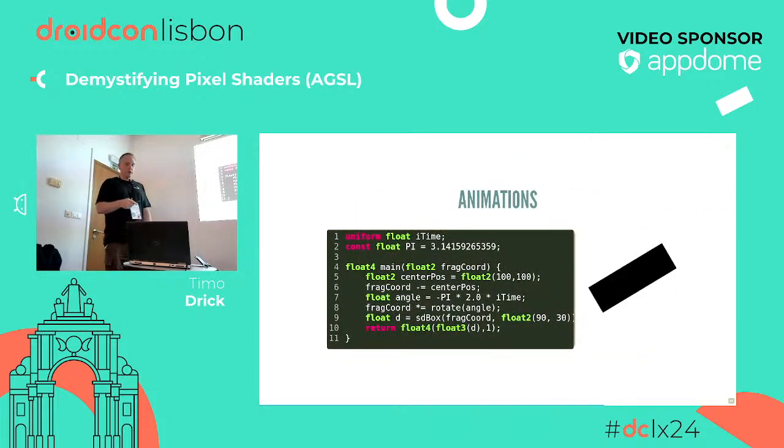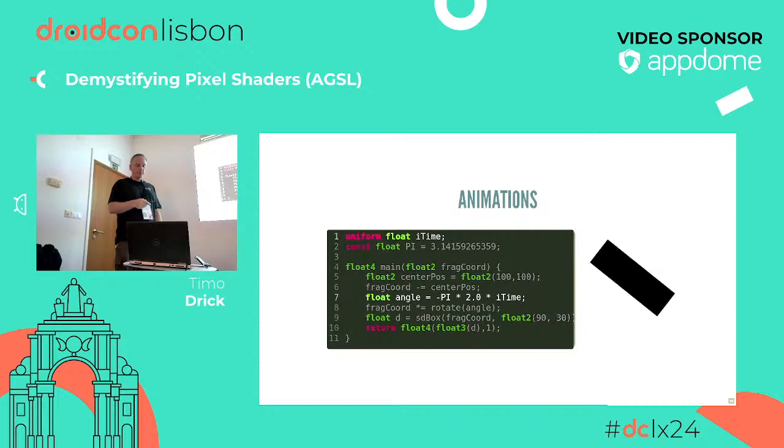And here you see the code of the shader. It's almost the same as before, but now I have this uniform iTime here, and I calculate an angle out of it.